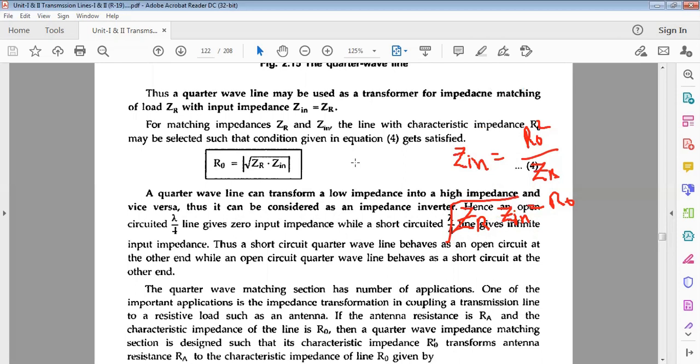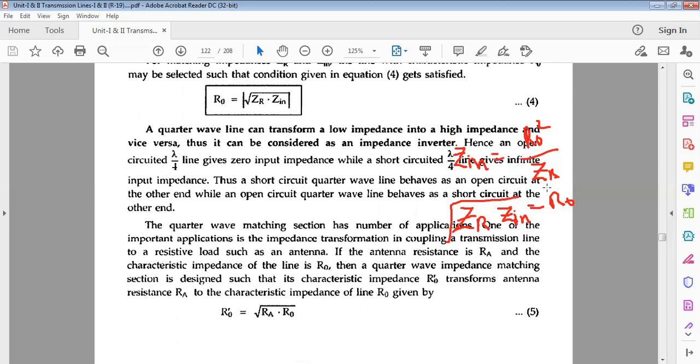You can transform the low impedance to the high impedance and vice versa, and thus it is also considered as an impedance inverter.